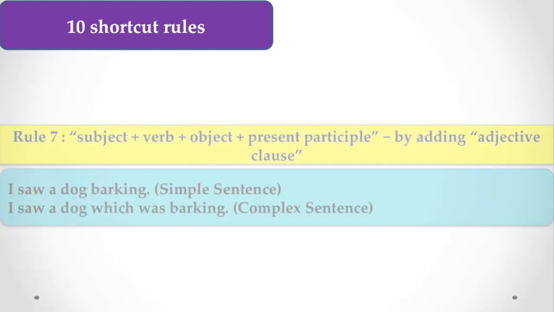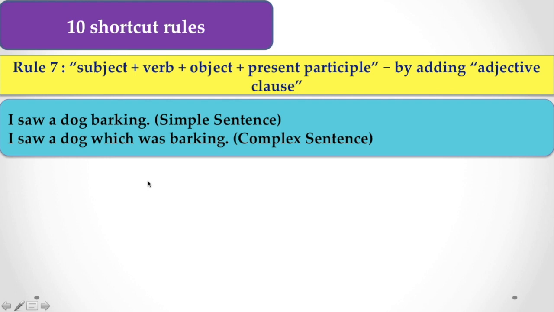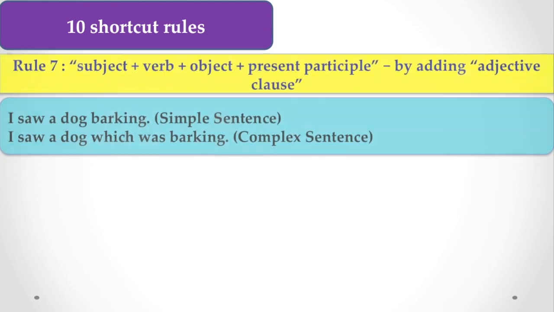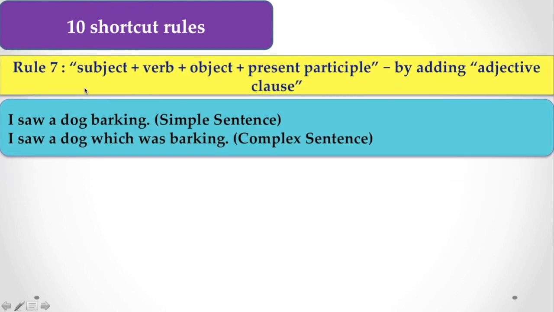Next rule for you. If in a simple sentence you find subject, verb, object, and then a present participle is used, then you have to use an adjective clause to make that simple sentence into a complex one.